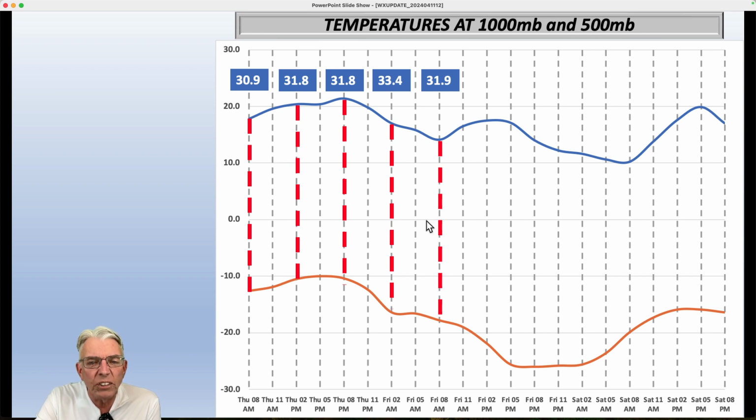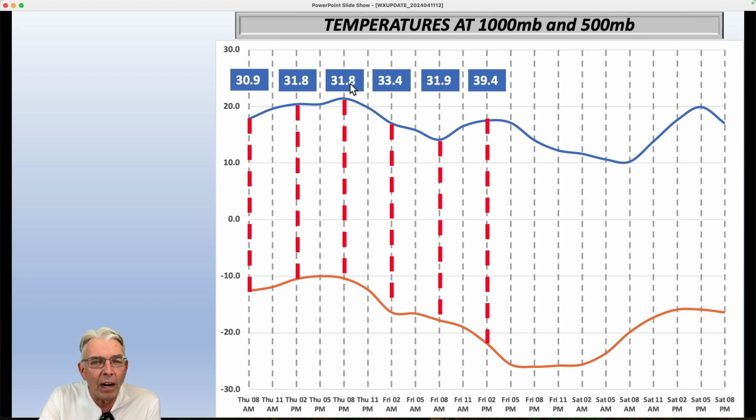But look what happens after that. Remember, this is the 500 millibar temperature down here, and notice how by 2 o'clock it really begins to tank and continues to tank all the way until 8 o'clock tomorrow evening. So up here, we have the surface temperature going up, we have the 500 millibar temperature going down, and now our lapse rate between the two is 39.4 degrees Celsius.